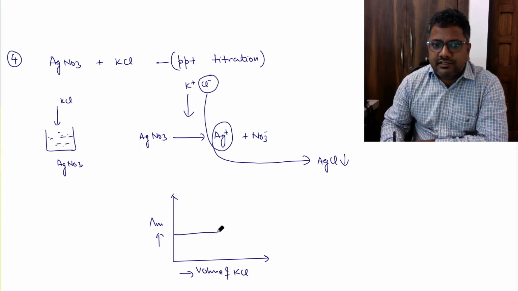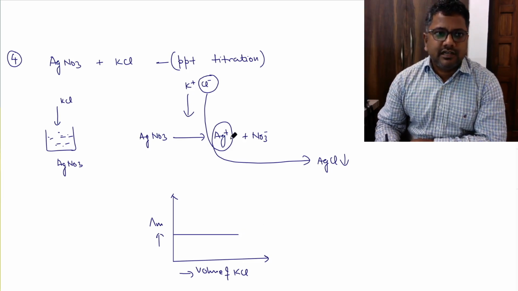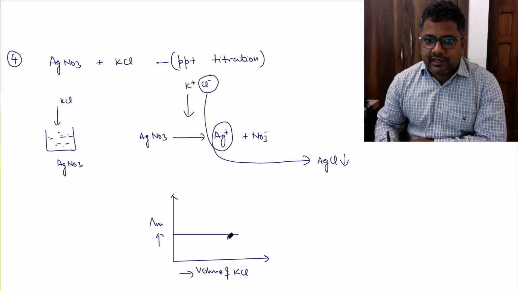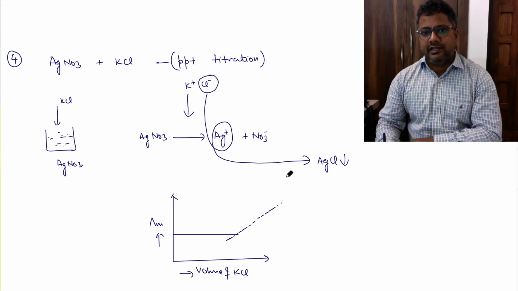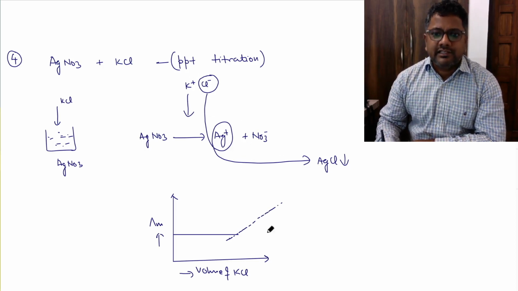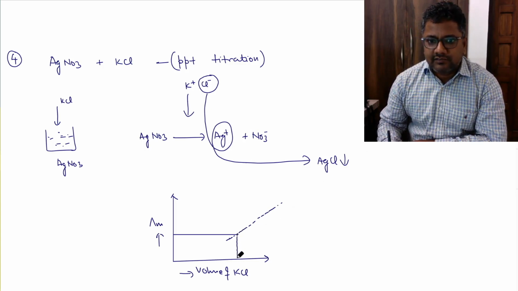Almost constant, because there is not much difference in the molar conductance of these two, K plus and Ag plus. See, K plus is adding here and Ag plus is removing, and after the equivalence point you will get the increase because there is no precipitation and only you are adding KCl, so the conductance will increase.